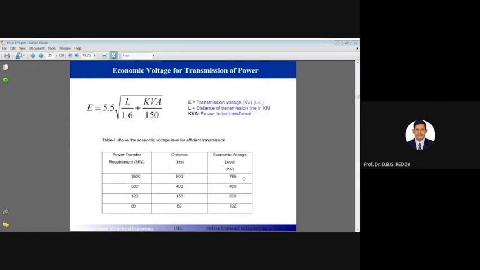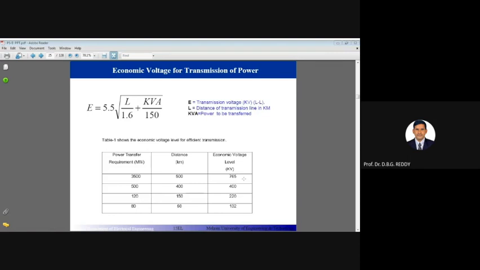Now, economic voltage for the transmission of bulk power. This is very, very important. All of you observe this slide. You can see this table. Suppose the power transfer rating is 3,500 megawatts over 500 kilometers, then the better option is 765 kV transmission.